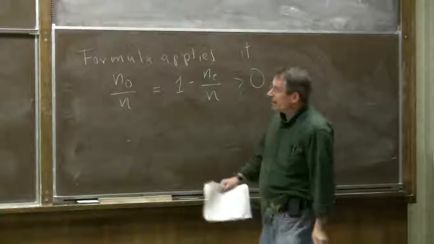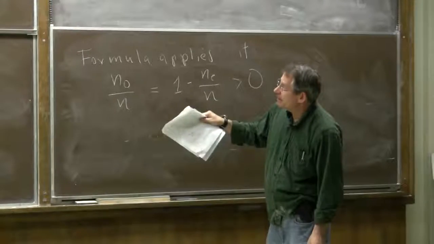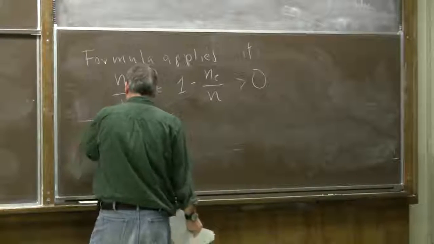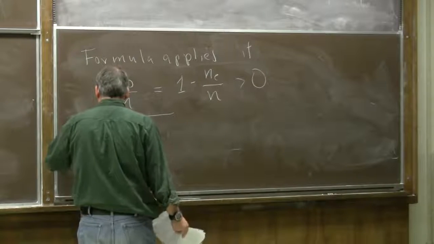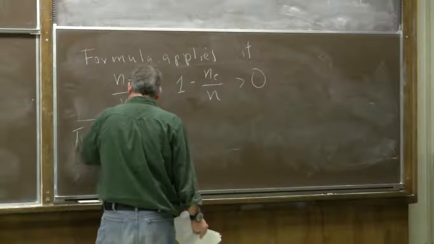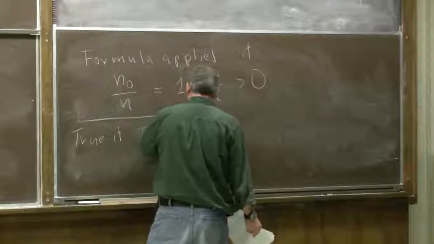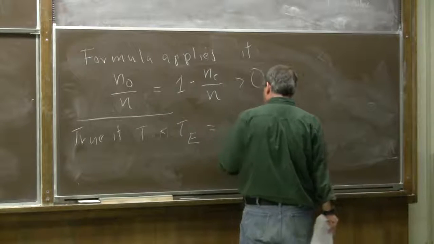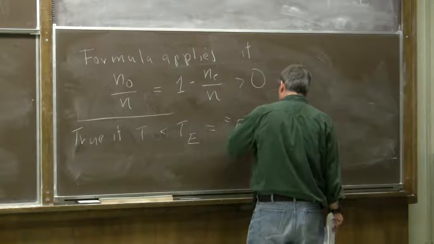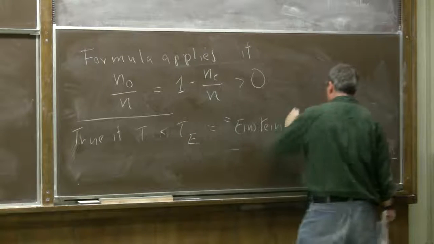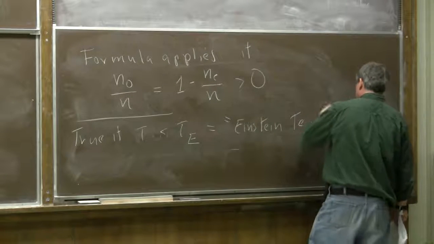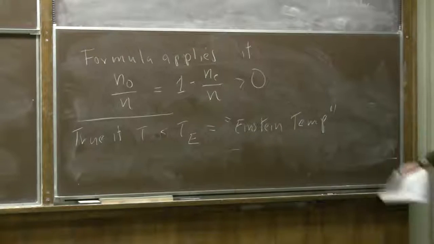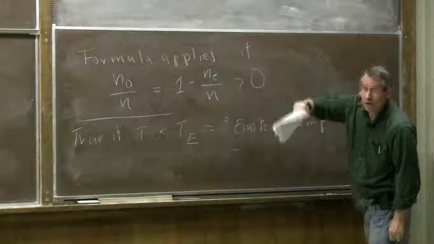And so there will be a value of the temperature, I'll call it tau Einstein, such that this condition will be satisfied if tau is less than tau sub E, the Einstein temperature. I find the Einstein temperature by setting N_E over N equal to 1. Okay?